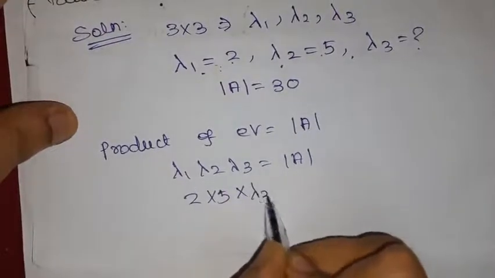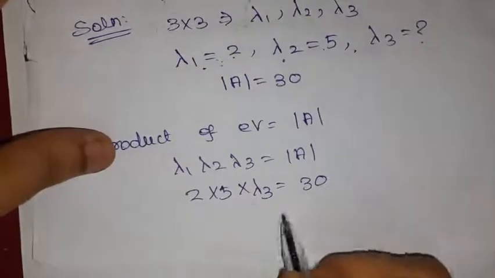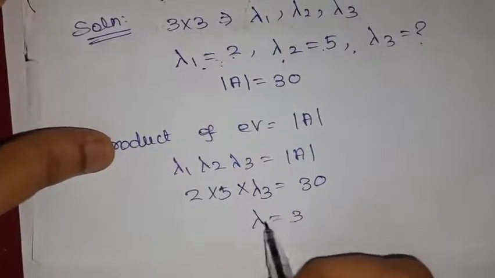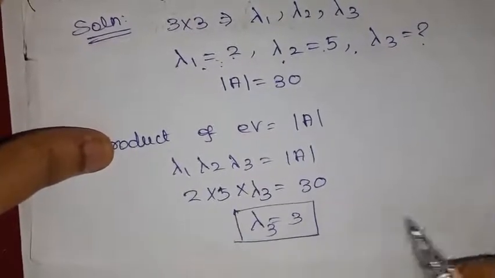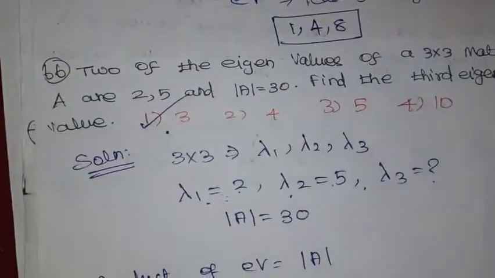We need to find out the lambda 3 value and determinant value is 30. So, 30 by 10, it is 3. Lambda 3 is equal to 3. This is the third eigenvalue. Option 1, 3 is the right option.